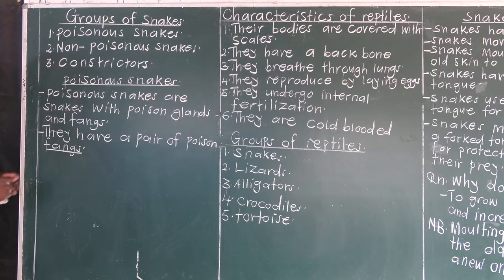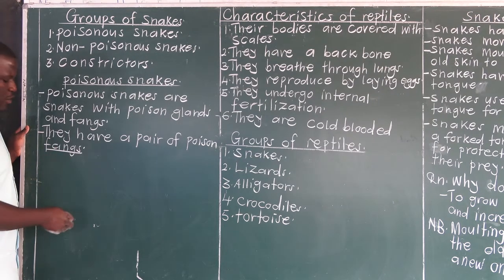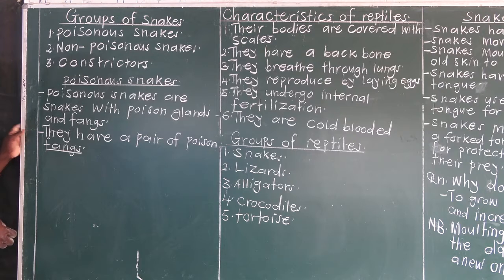Mind the spelling of the word fangs: F-A-N-G-S, fangs. These are the teeth of the snakes, but scientifically we call them poison fangs. They are used for biting and injecting poison into their enemies. That's why they have those poison fangs, for protection.